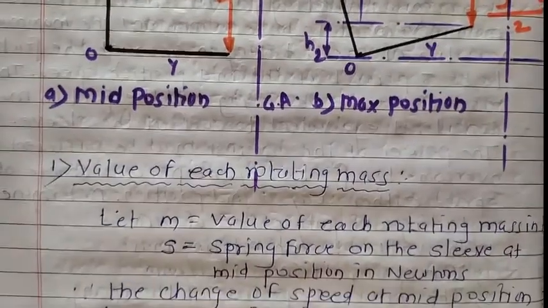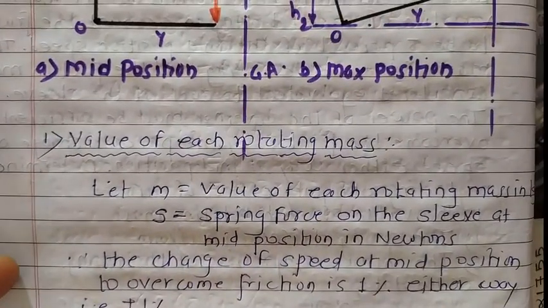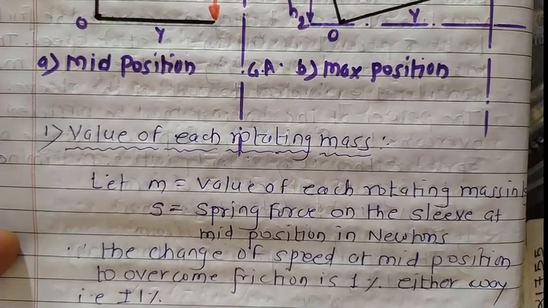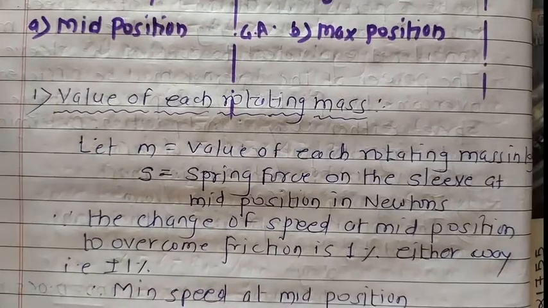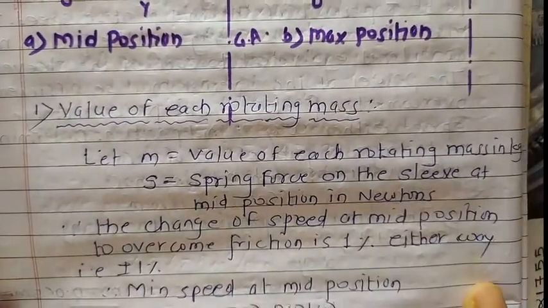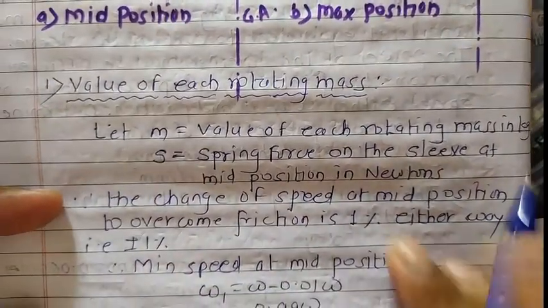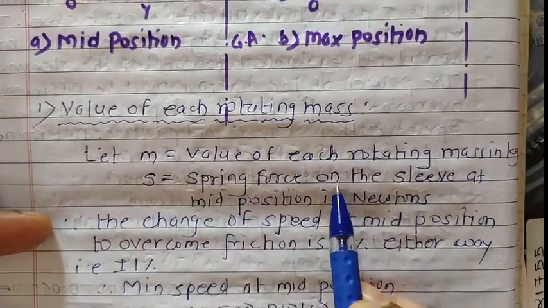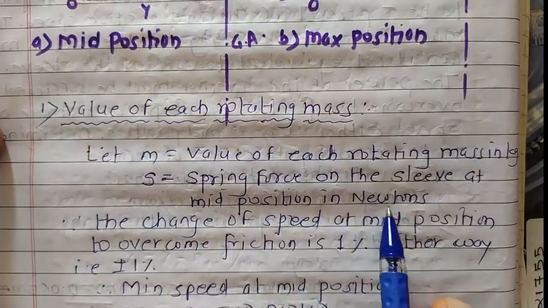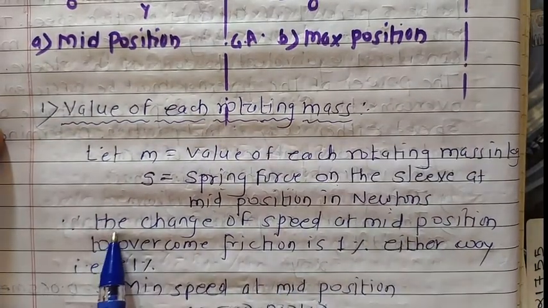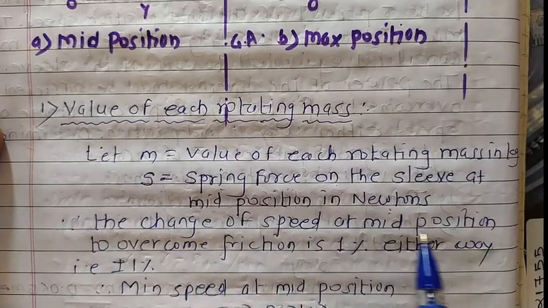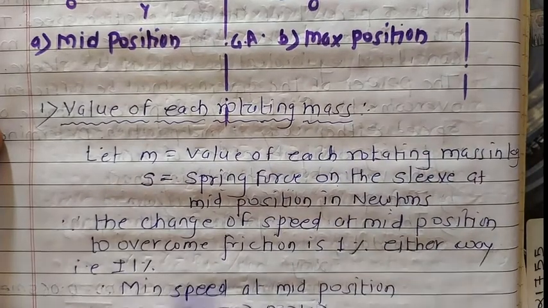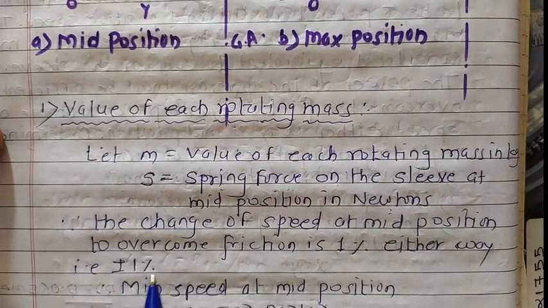Now our first target is to calculate the mass of each rotating fly ball. For that, let small m be the value of each rotating mass in kilogram. S indicates the spring force on the sleeve at the mid position in Newton. Here the change of speed at the mid position to overcome the friction is 1% either way, plus or minus 1% given.